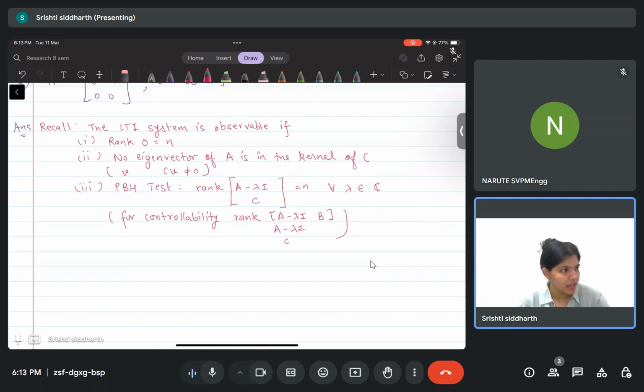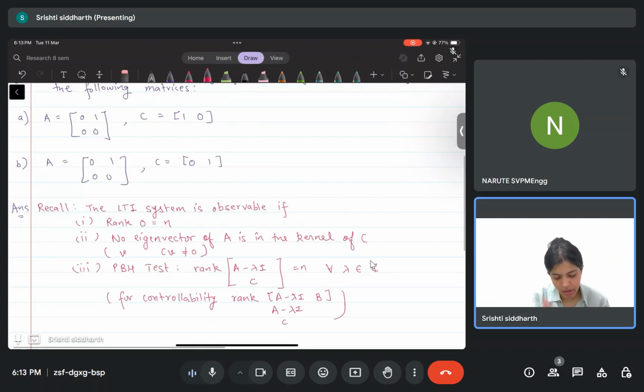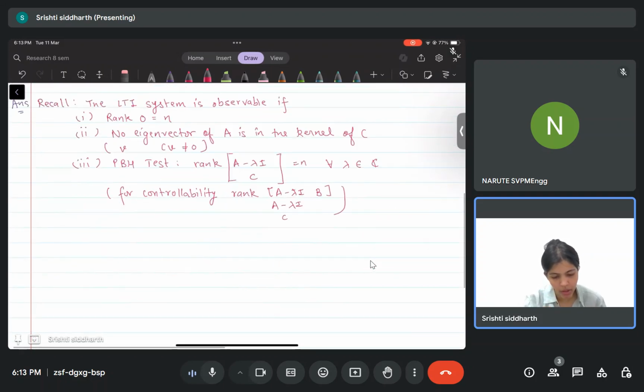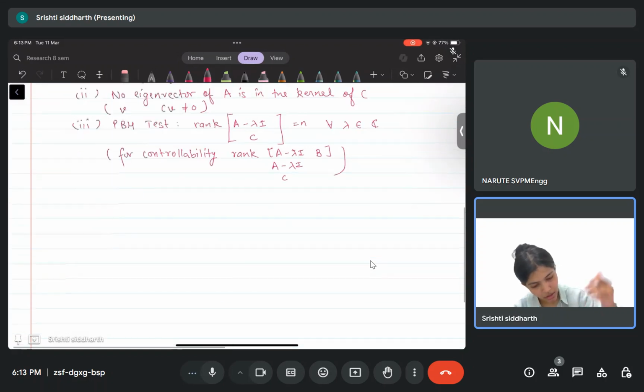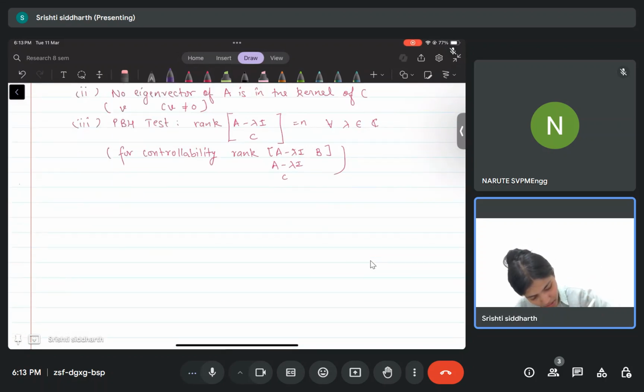So the simplest test for these second order systems in both the cases is to form the observability matrix. So let's do that. The observability matrix is going to be arranged in rows now. So it's going to be C, CA, and that's it, because n equals 2. So it goes up to CA to the power n minus 1.